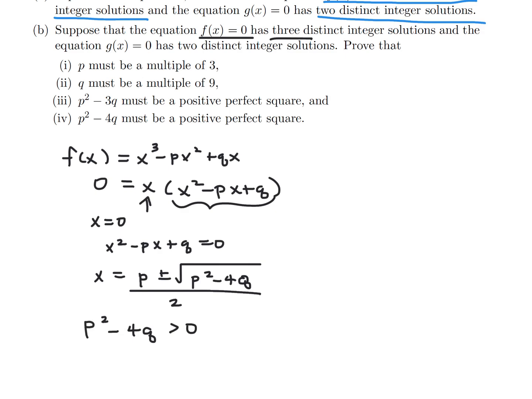But in addition to having 3 solutions, the solutions have to be integers. And the only way this whole thing can be an integer is if what's under the radical sign is a perfect square. So that means p squared minus 4q has to be some perfect square, like n squared.